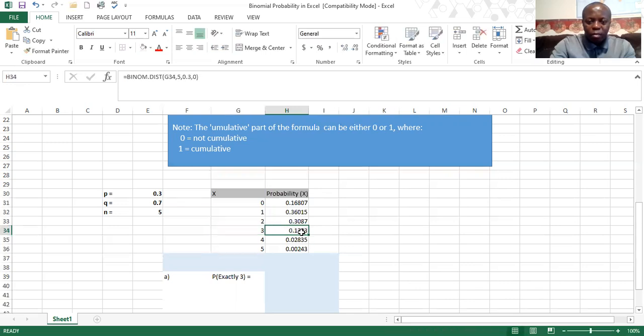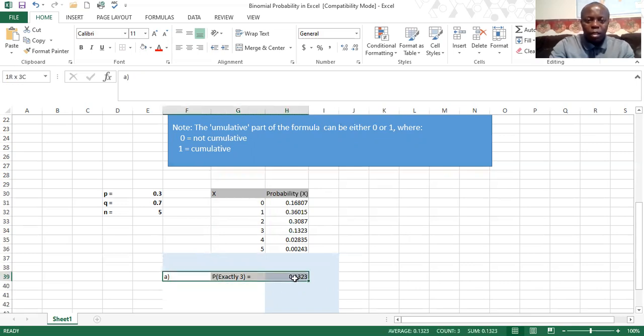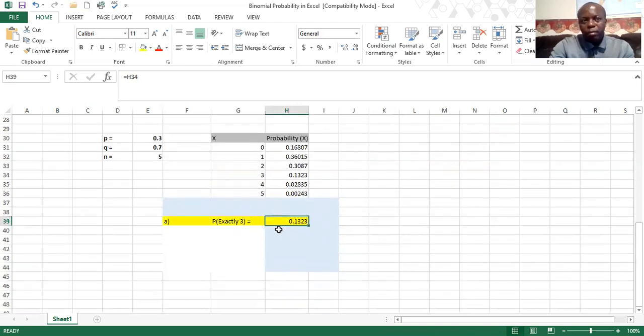This is the probability right here, 0.1323. So I'm going to put it here. So I've answered that question: the probability that exactly 3 of them have part-time jobs is 0.1323 or 13.23%. You can see right here.